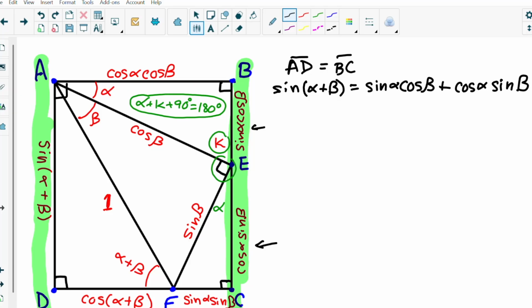Okay, if you look at your trig identities, your sum identities, this is it right here. Okay, fabulous.